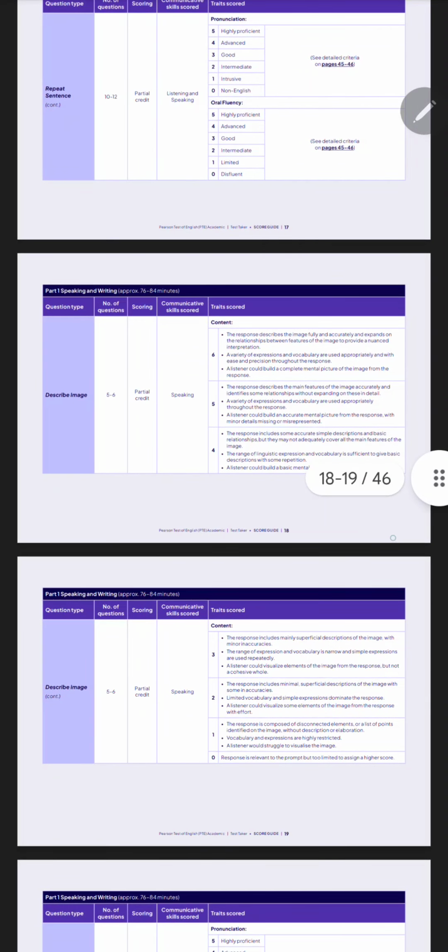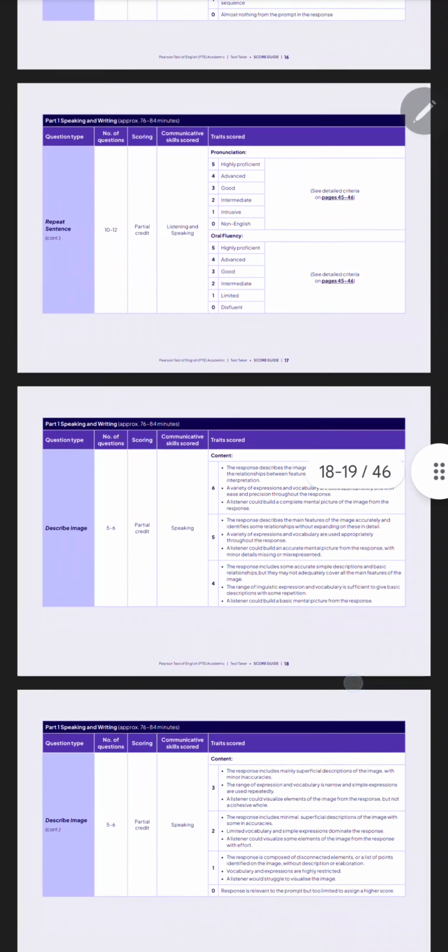I always want to aim high, so I just work on the trait scores with the higher levels.